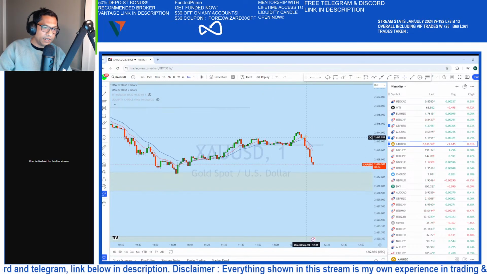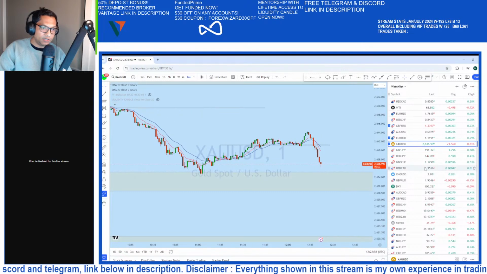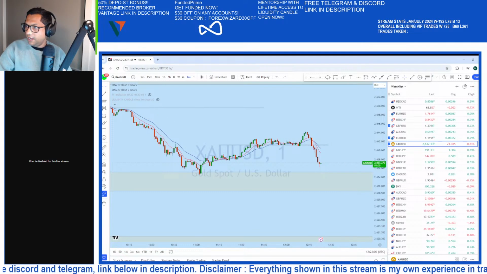After this break, the market is breaking below, and we will be looking for a potential entry to see where it is heading.